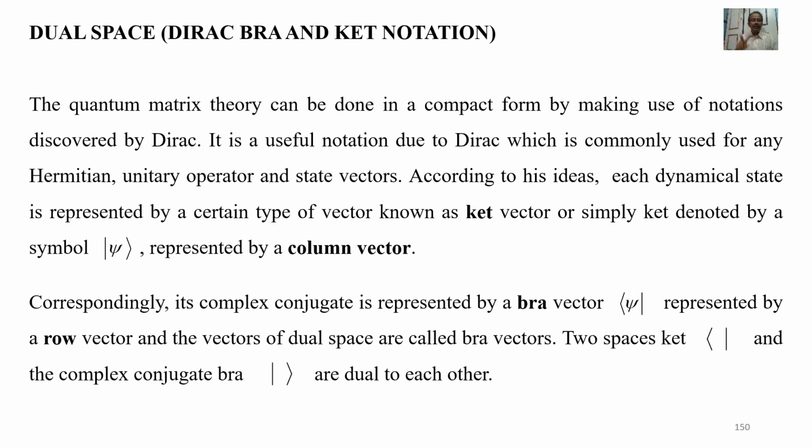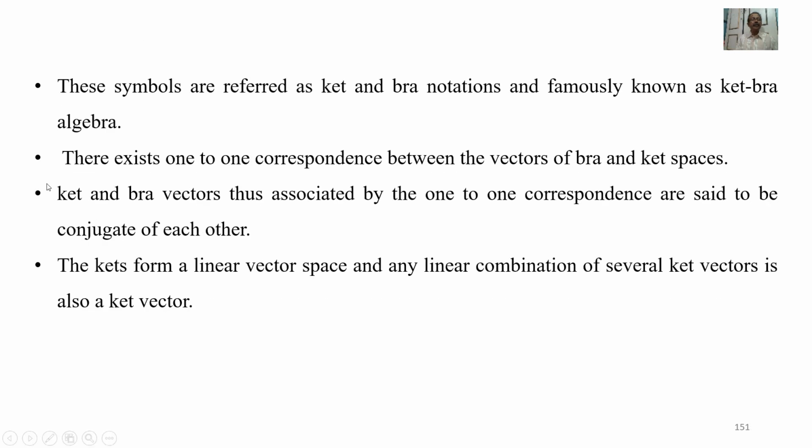These two dual spaces exist in a linear vector space, which lives within Hilbert space. The two spaces, the ket notation and its corresponding complex conjugate bra notation, are dual to each other and vice versa. These symbols are referred to as ket and bra notations, and famously known as bra-ket algebra.